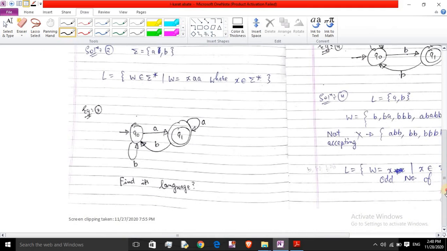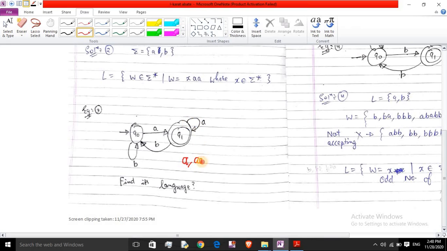Now moving to our next example, we have to find its language. This state diagram is given here for the finite state machine. We have to find its language. Look at this part. What is the first word it will accept? If we get a transition of A, then we will reach our final state. If we get any number of A's, we will remain in the same state.